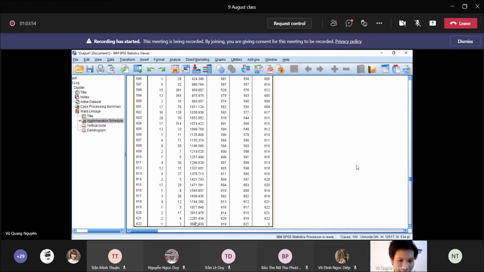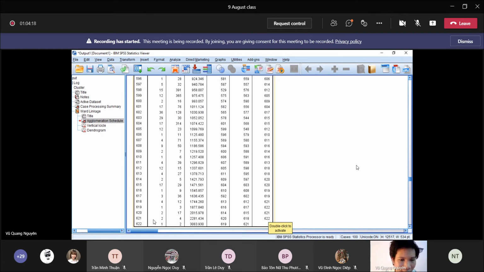Around 800 in coefficient. What does it mean? Remember, after the last step, we have only one cluster left. So it means the step before the last step is where we stop.